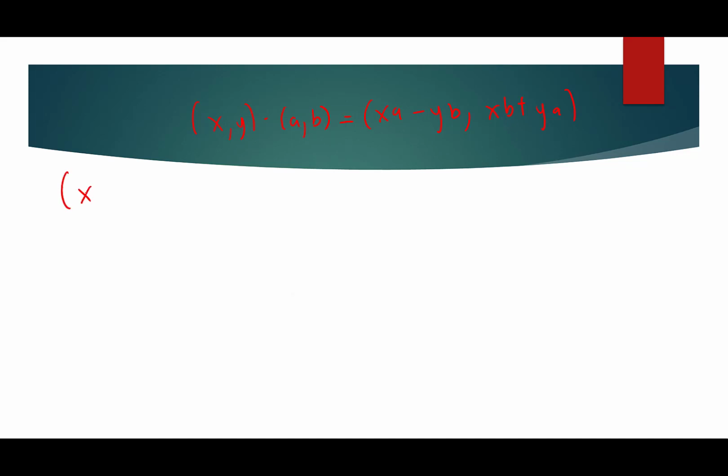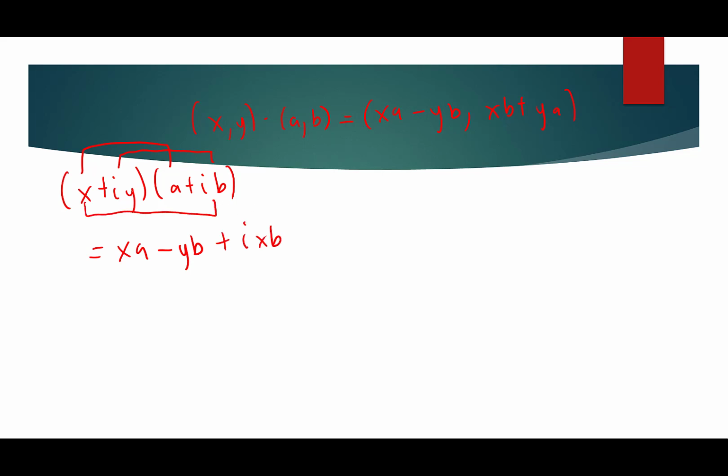So let's say we were multiplying the complex numbers x plus iy times a plus ib. And we're going to see exactly why we're defining our multiplication in this strange way by FOILing. So let's go ahead and FOIL this out. What do we get? We get xa, now remember, i squared is -1, so we're going to get minus yb, plus ixb plus iya.